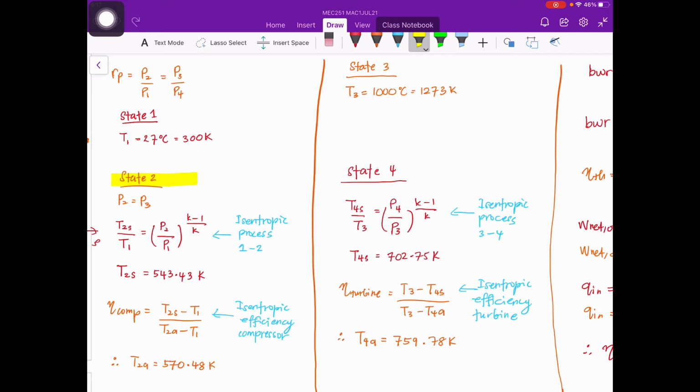Next, from the isentropic relationship for process 1 to 2, we can determine the temperature for the state T2S. Once we obtain the temperature T2S, next we can determine the actual temperature for the state 2 by using the isentropic efficiency for the compressor.